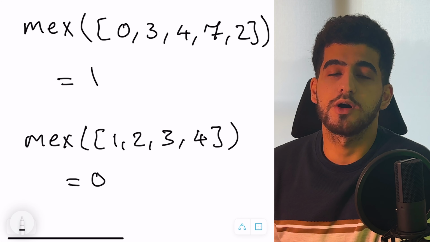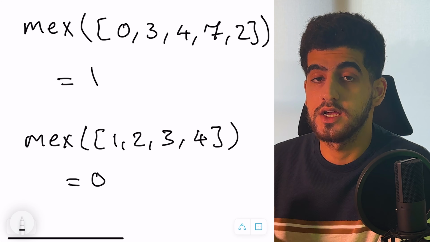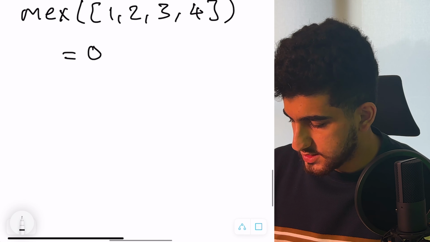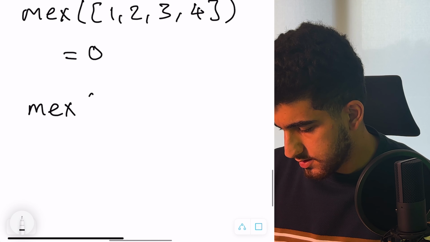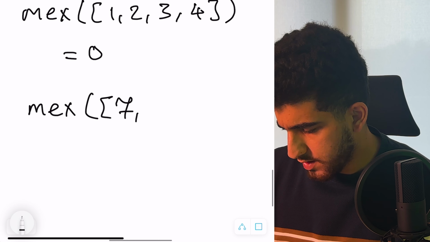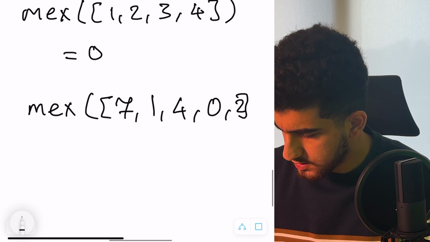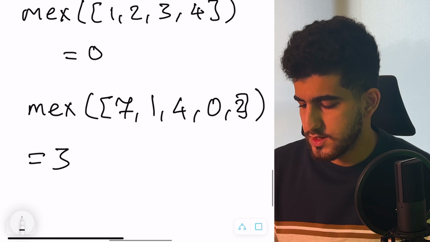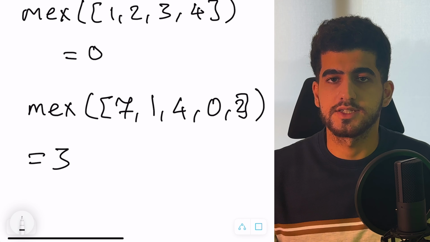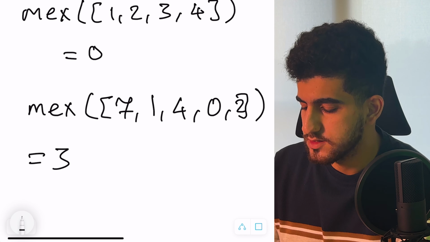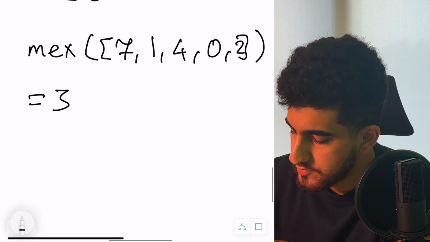The 0 is the smallest non-negative number that is not in our list. And MEX of, for example, 7, 1, 4, 0, 2 is 3, because 3 is the smallest non-negative integer that is not in this list, and so forth.